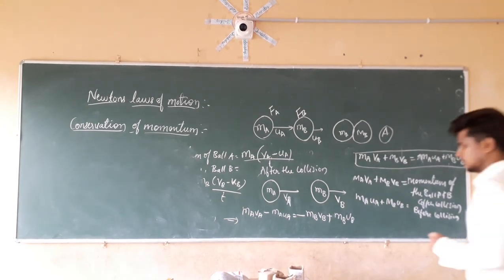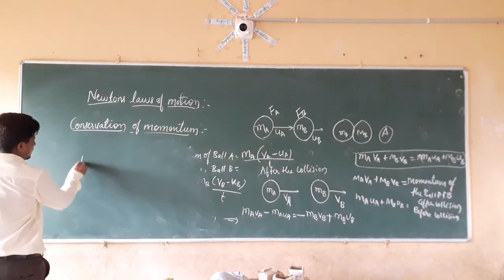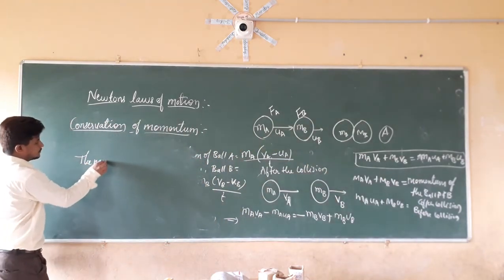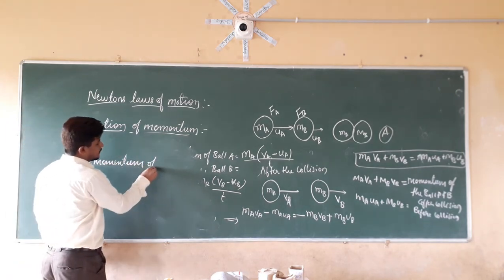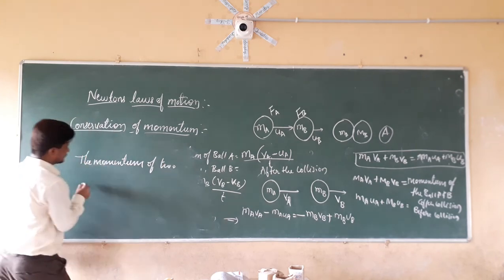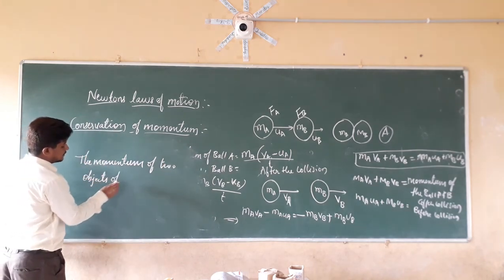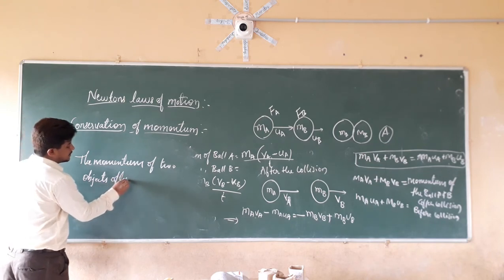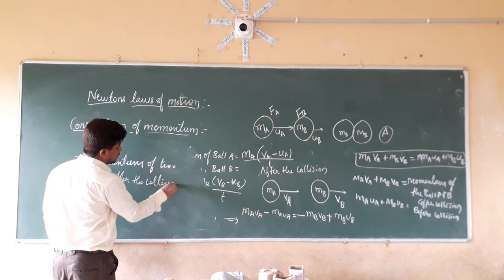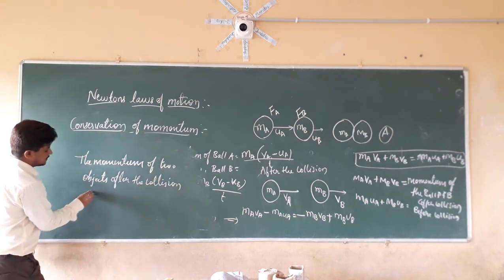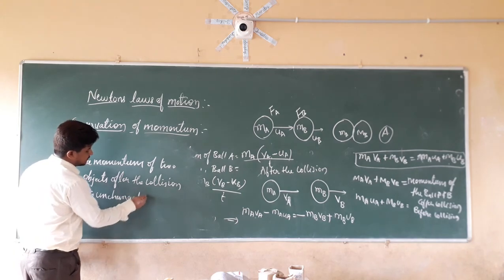So the law of conservation of momentum can be stated as: the momentum of two objects after the collision is unchanged or conserved.